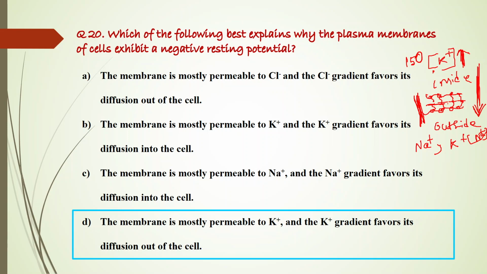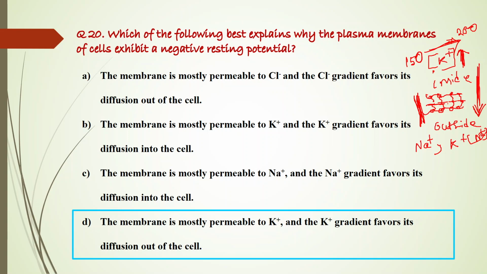Now, if the membrane is very much permeable to K plus ion, they can easily come inside. But whenever this number is getting increased to, suppose, 200, because K plus ions are getting transported through ion channels, after some time it can happen that inside the cell the concentration of K plus ions is much more than what we actually require to maintain a proper potential.